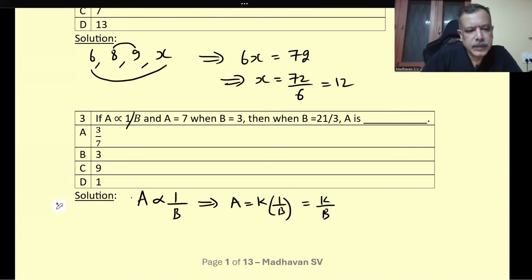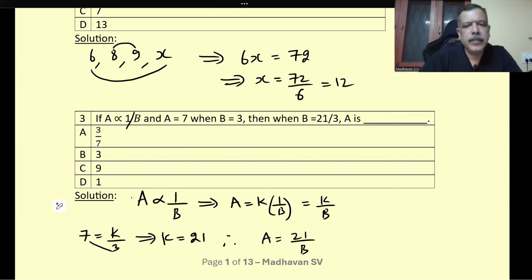A is 7 and when B is 3, so 7 equals K by 3. Cross multiplying, we get K value as 21. So therefore, we can say A is equal to 21 by B.